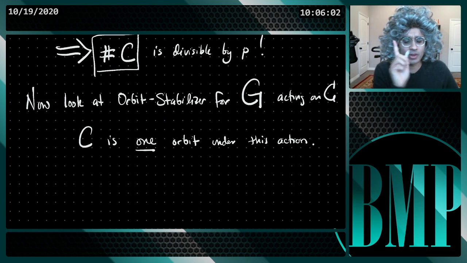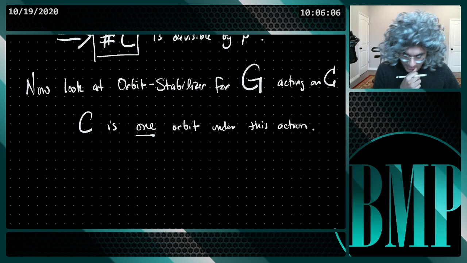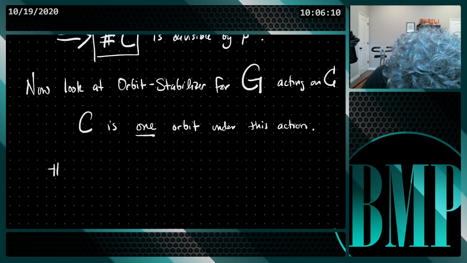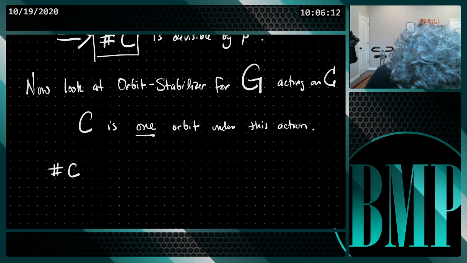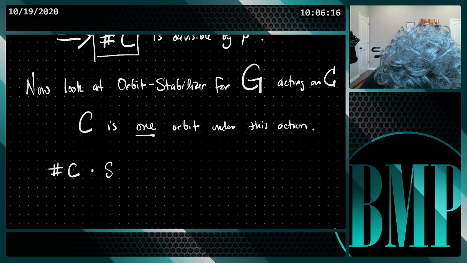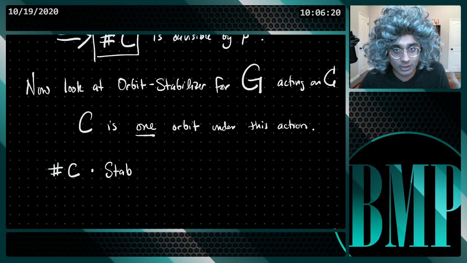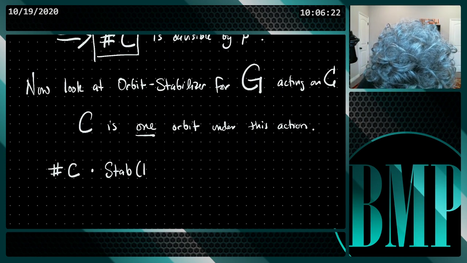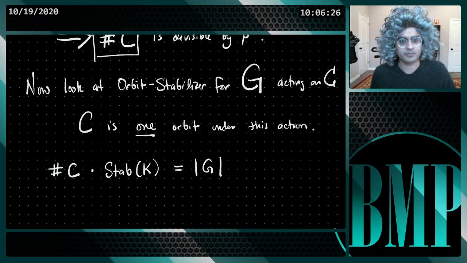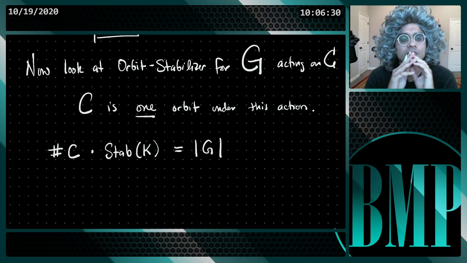And what that means is that the size of C times the stabilizer of one of the elements in C equals the size of the group G. Right?